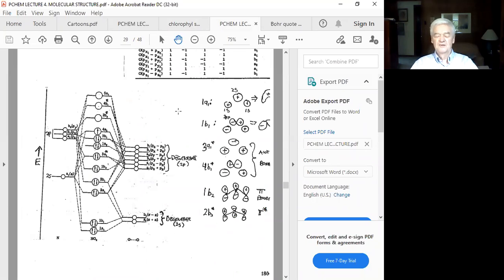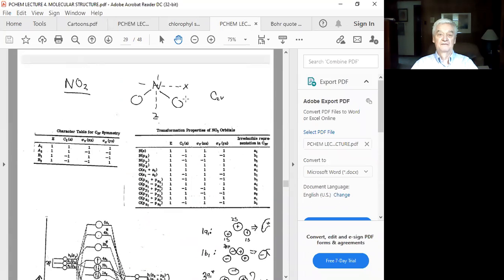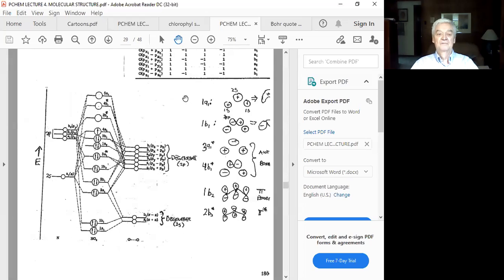When we talk about electronic spectroscopy, basically we're talking about electrons jumping from filled molecular orbitals into empty molecular orbitals. So this was a diagram for NO2 that I showed you some time back. But what I want you to see, it starts getting pretty complicated.